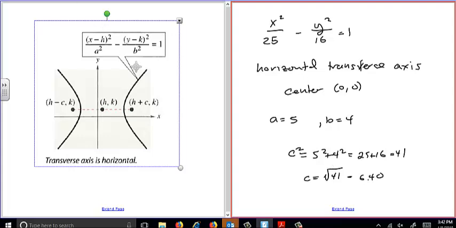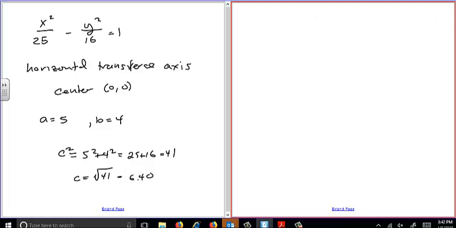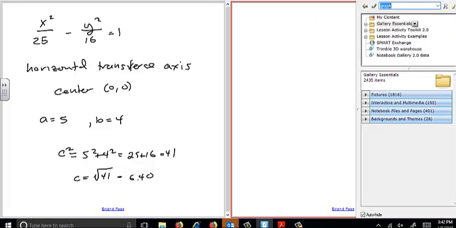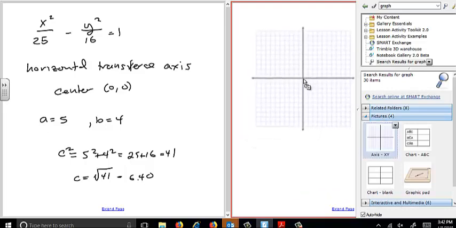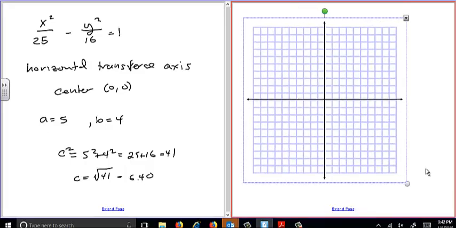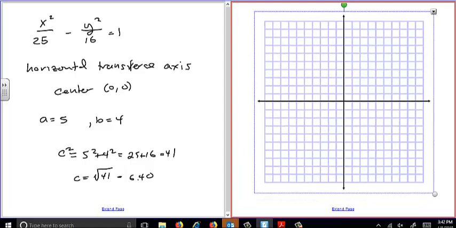So let's see how we plot this. Let's get a piece of graph paper. We're going to set up our normal standard scaling. The center is going to be 0, 0, just the same thing as the ellipse.